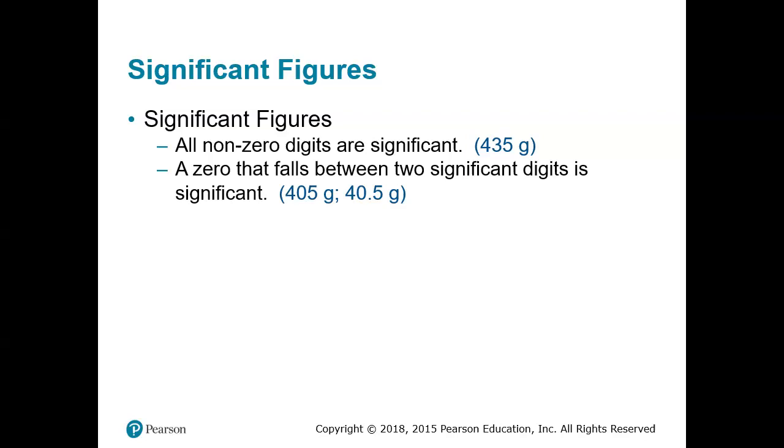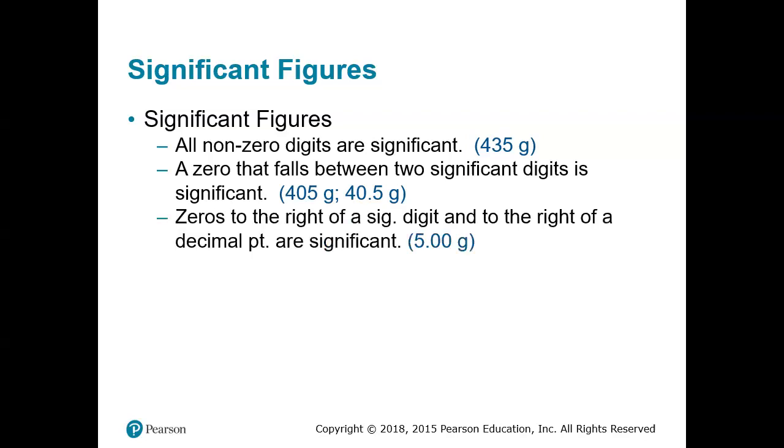That, unfortunately, is where things start to get difficult. What do I do with zeros that are not in the middle of a number? Well, let's look at zeros that end a number.